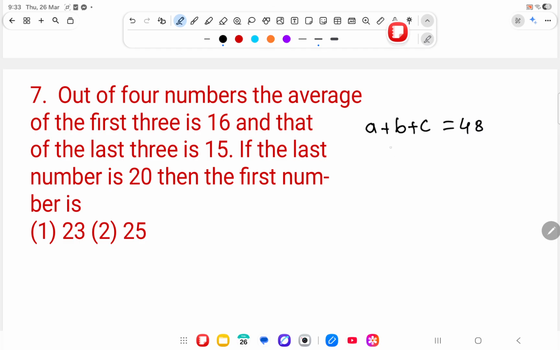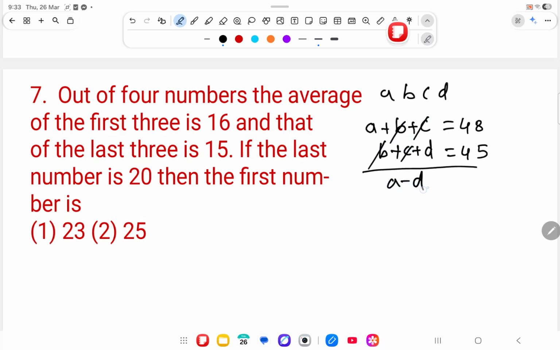And for the last 3, considering first of all a, b, c, d as the 4 numbers, b plus c plus d divided by 3, if I transpose, it becomes 45. If I subtract this, b, c get cancelled. Then a minus d is equal to 3. The d value is given as 20, so a is equal to 23.